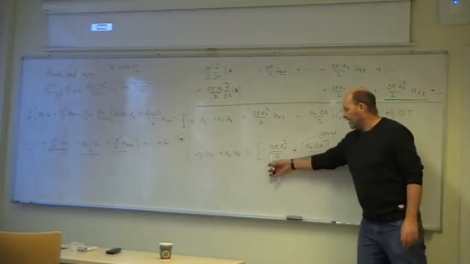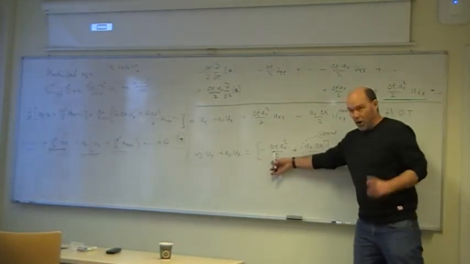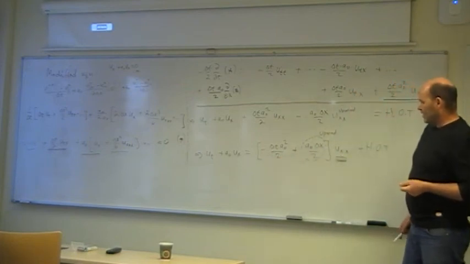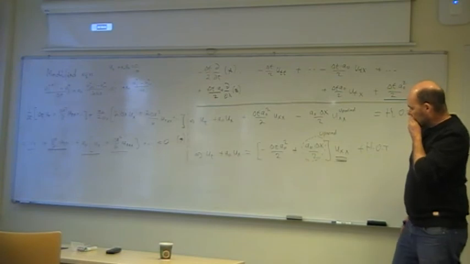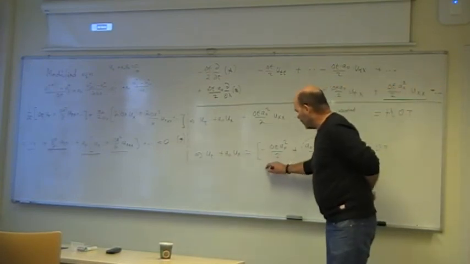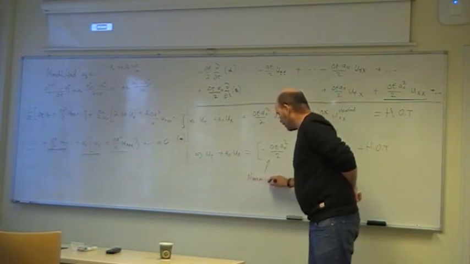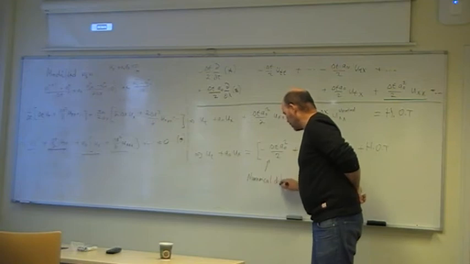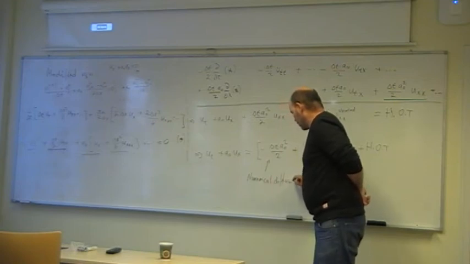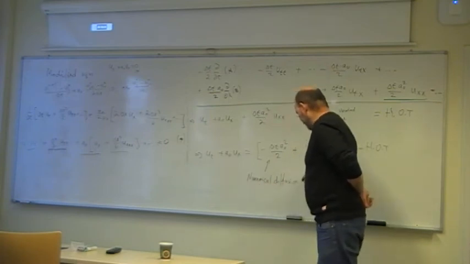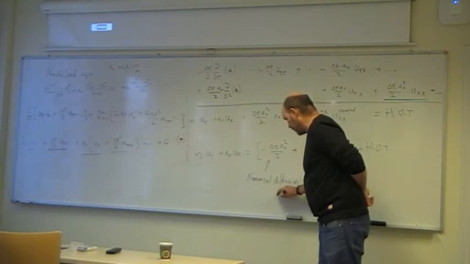Negative diffusion. This one is also part of the upwind scheme. There's also some negative diffusion there. So I will call it numerical diffusion, which is then smaller than zero, which is a very bad idea, so we don't like that.